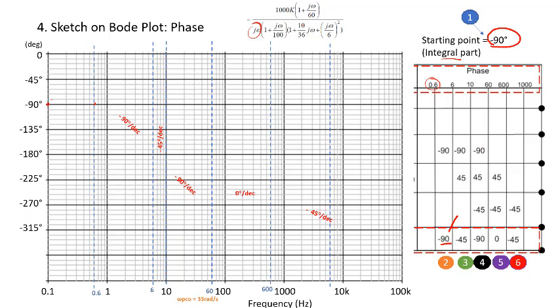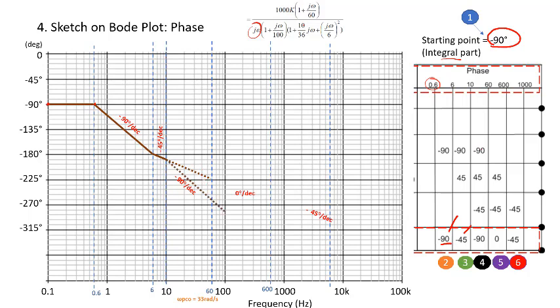Starting from minus 90 degrees, we have 0, and then from 0.6 to 6 we have minus 90 degrees per decade. Next we have 45 degrees from 6 to 10, but we need to sketch it in 1 decade to have minus 45 degrees. We only take from 6 to 10.